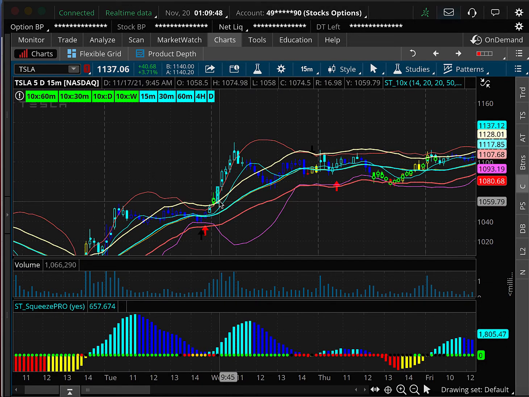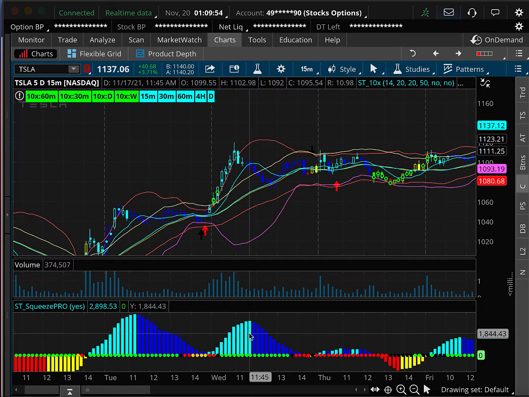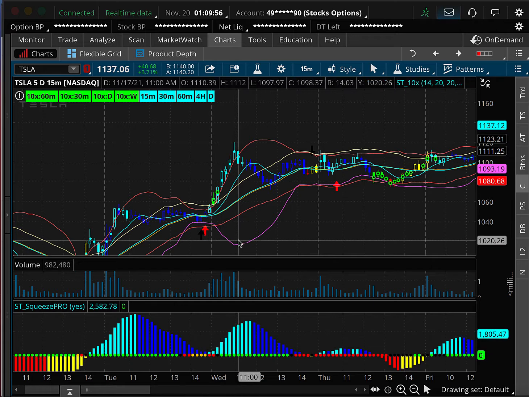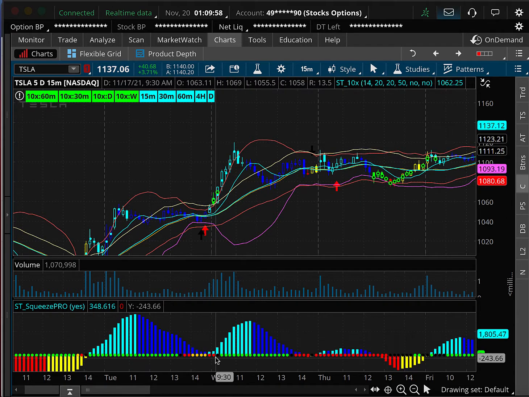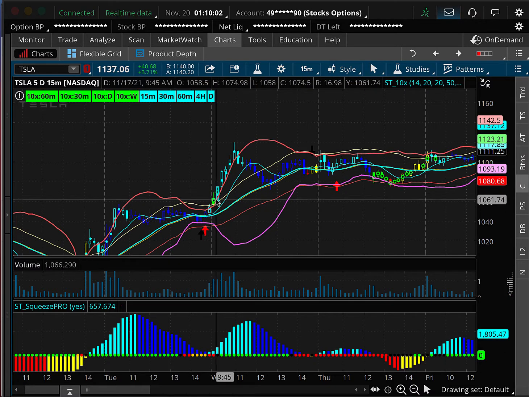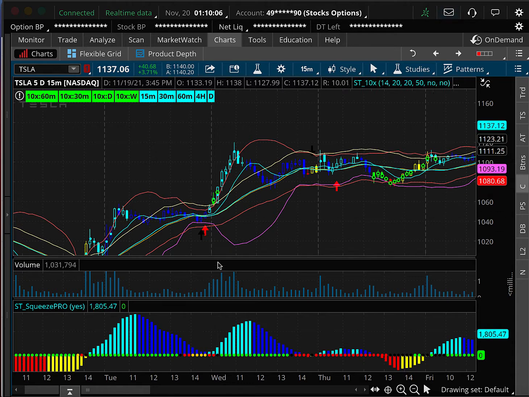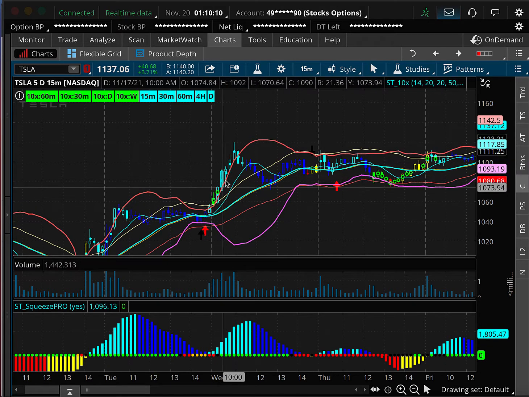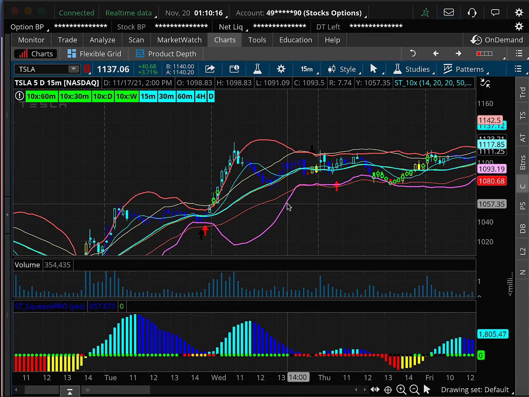If you get a green dot on a normal colored candle, that means that it's about to fire up, so you can take a long position. If you start to see a squeeze forming and you start to get these green dots, that would be a good place to enter a position. And since it's a green circle on a normal color candle, that's presumably an upward momentum trade.